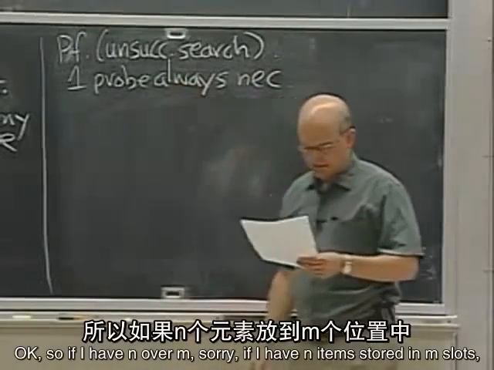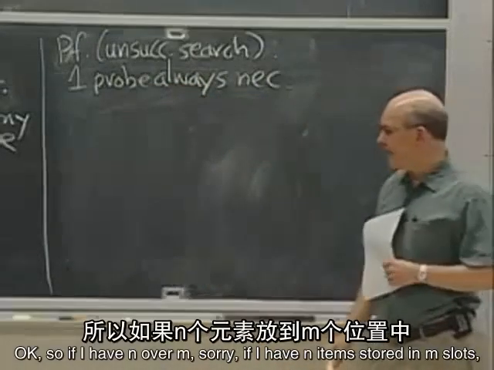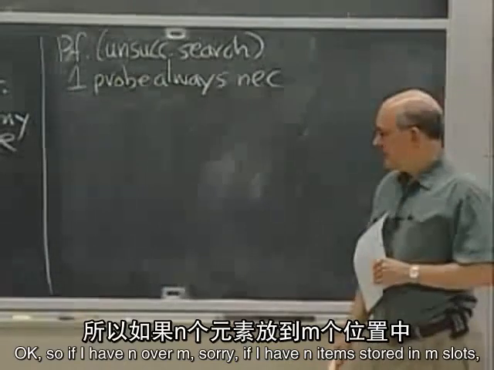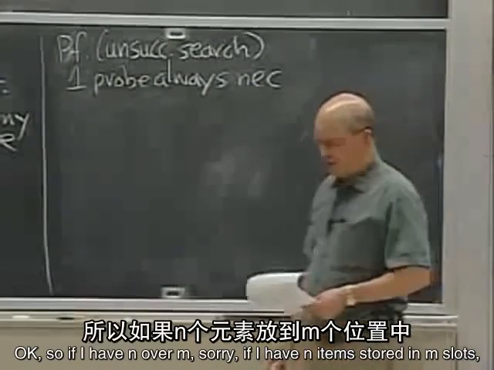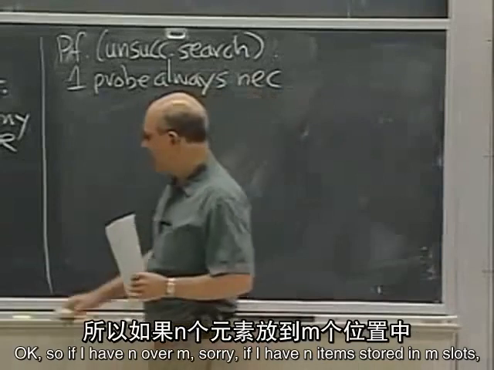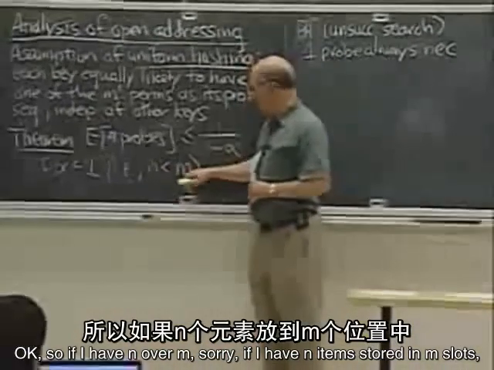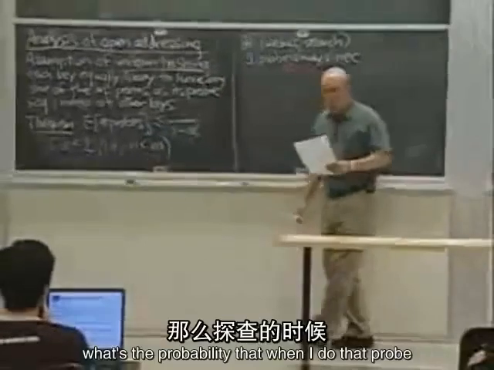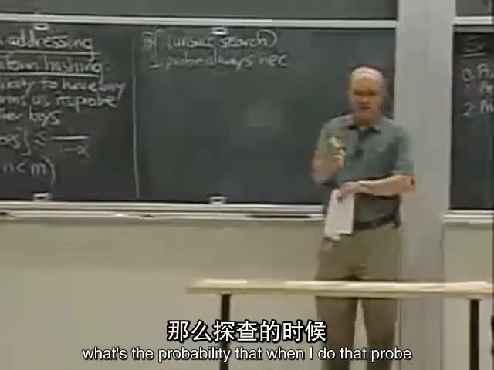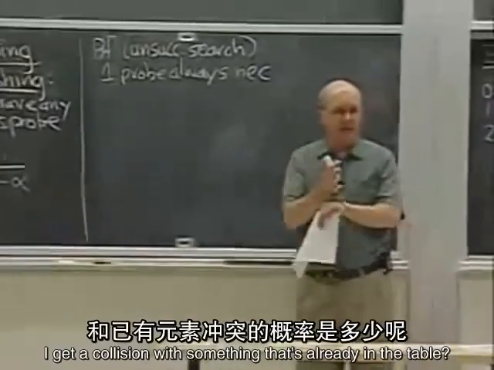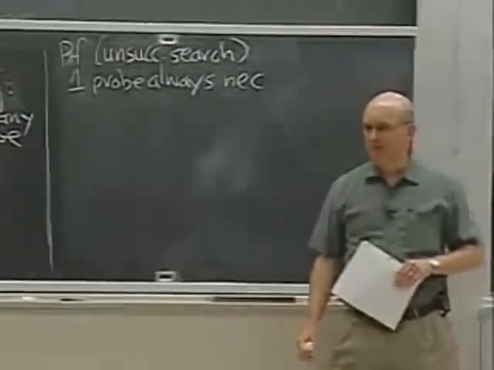If I have n items stored in m slots, what's the probability that when I do that probe, I get a collision with something that's already in the table?